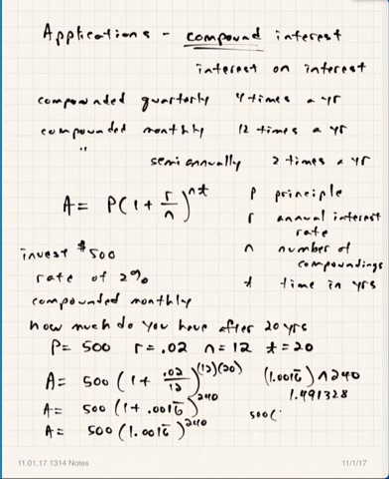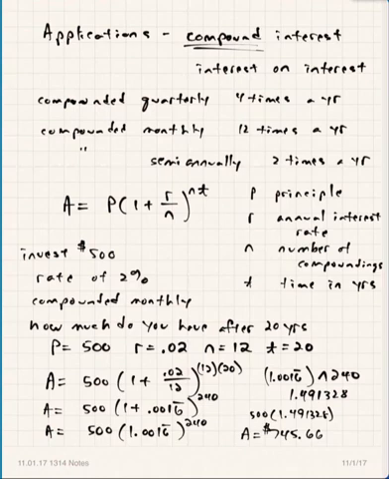So you have 500 times that number, and I'm getting about $745.66. So A would be, and depending on how you rounded it, your cents might be a little bit off from what I have right there. So that would be what we have after 20 years, $745.66.